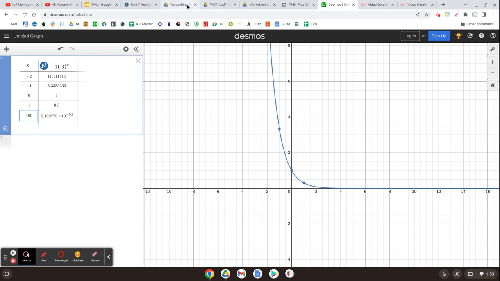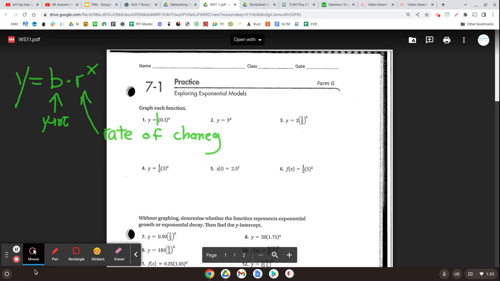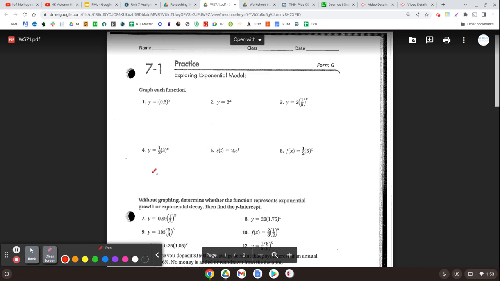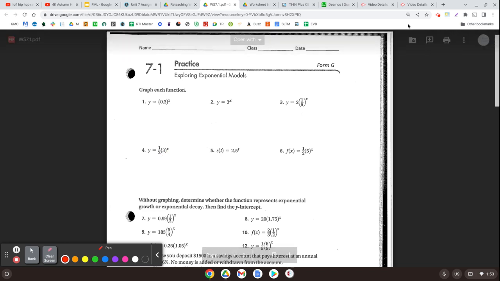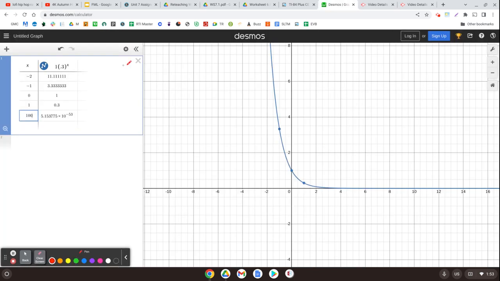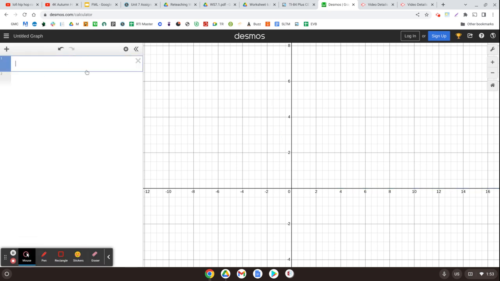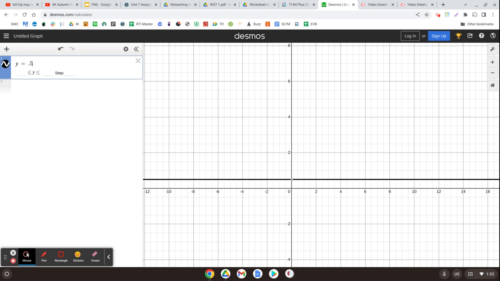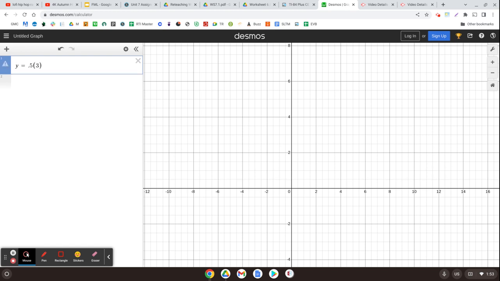Well, that took a little longer than I thought. So let's see. Let's do y equals 1/2 times 3 to the x. Let's look at what that looks like. Okay. 0.5 times 3 to the x power.